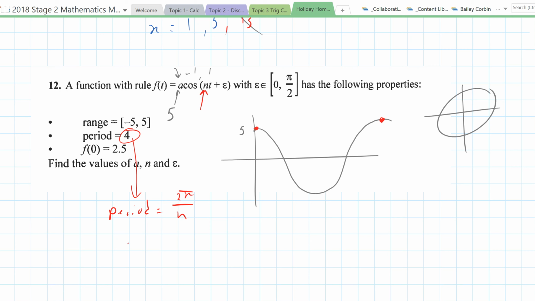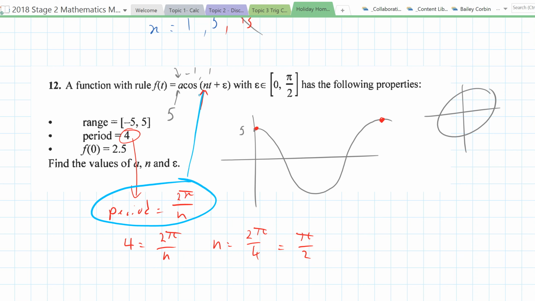So here, if our period is 4, period equals 2 pi on n. We can solve for n. Multiply up by n, divide down by 4. N equals 2 pi on 4, or n equals pi on 2. And that there is worth remembering to get this one here. So n is equal to pi on 2.